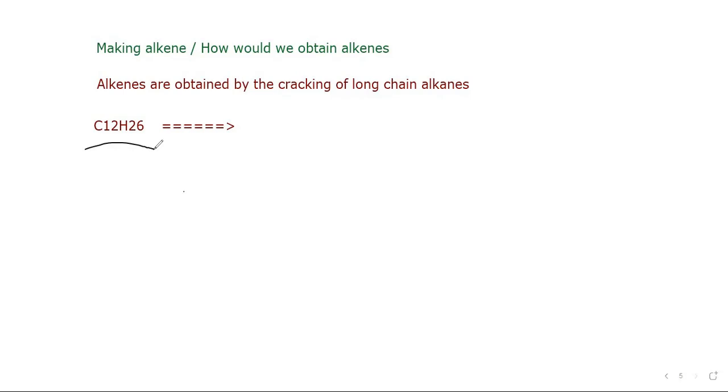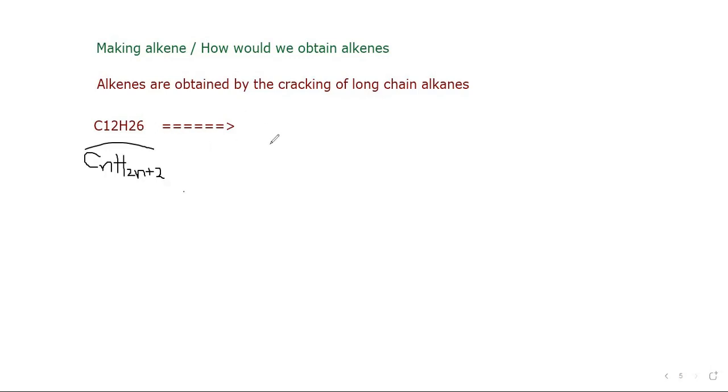If it's an alkane, it follows the general alkane formula. And what is the general formula for alkanes? CnH2n plus 2. That's very nice. This one is satisfying the general formula which is specified for alkanes, that is CnH2n plus 2.